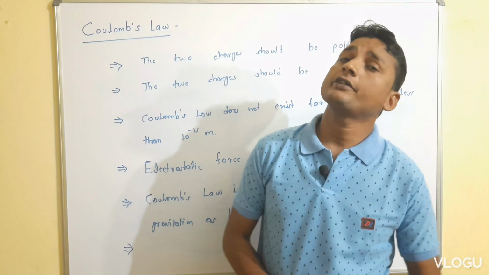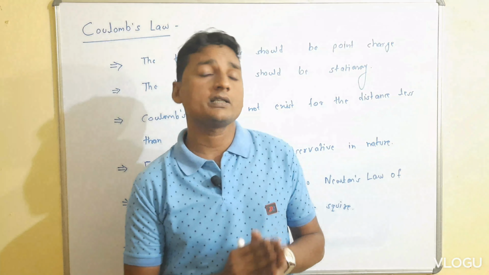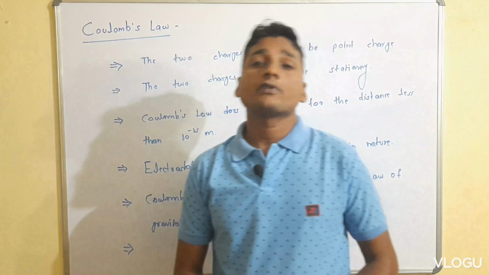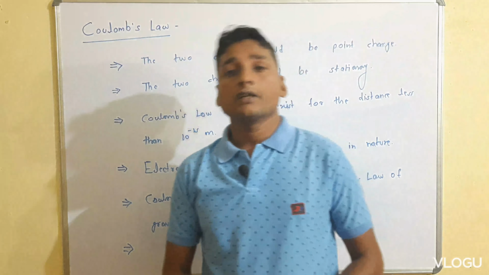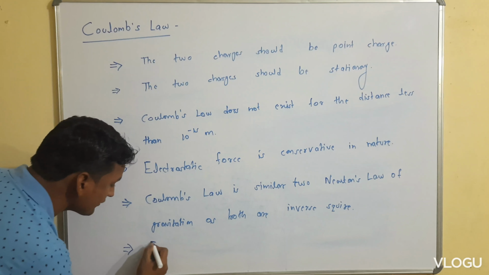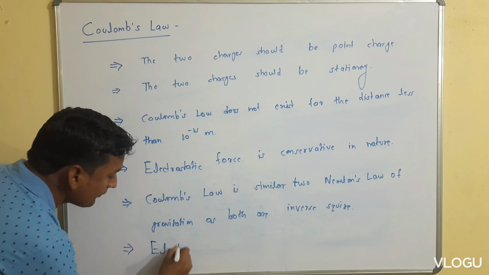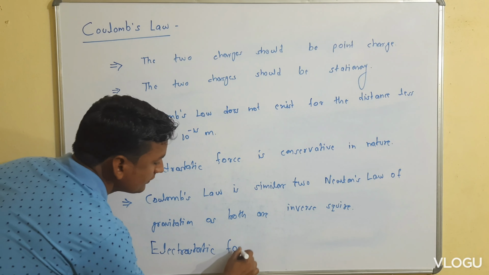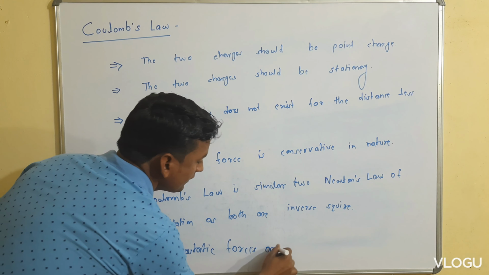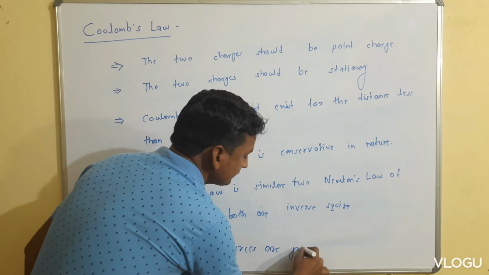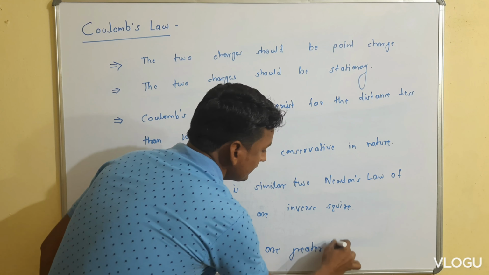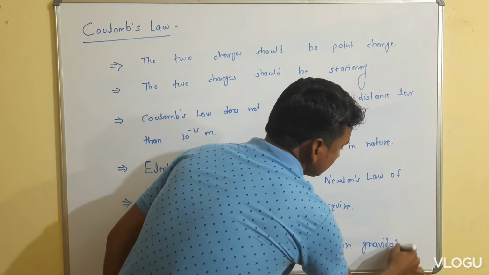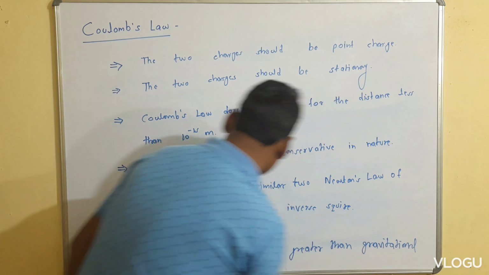The electrostatic force between two protons is about 10 to the power 36 times greater than the gravitational force between two protons. So the next point is that electrostatic forces are greater than gravitational force.